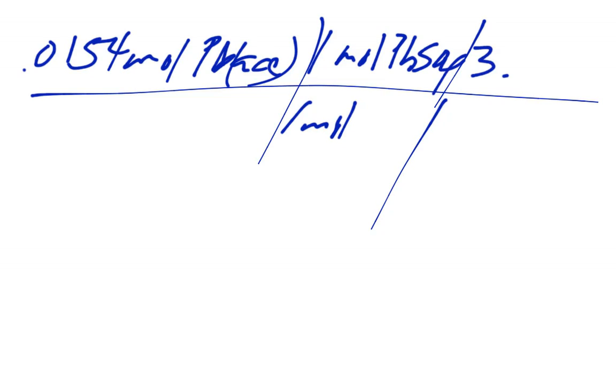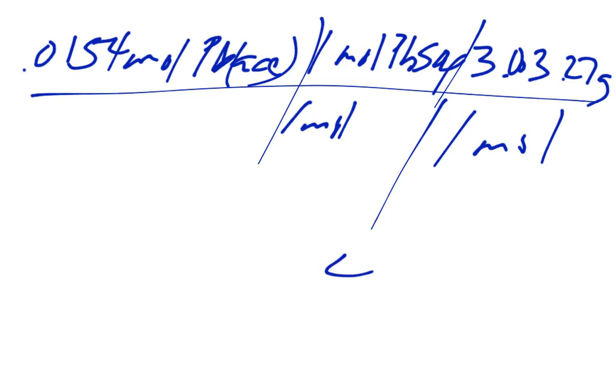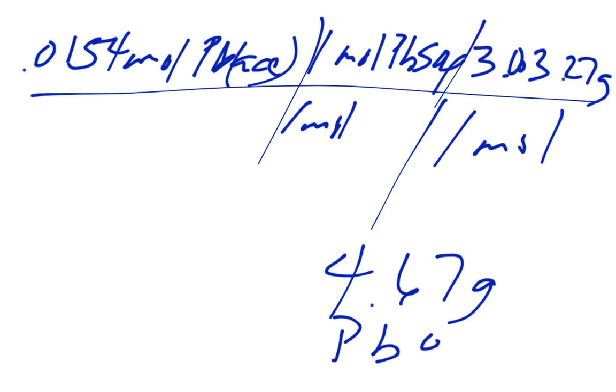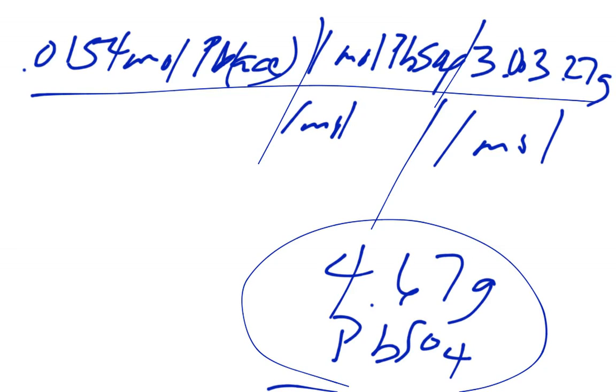That has a molecular weight of 303.27 grams in 1 mole. And so I will have produced 4.67 grams of my PbSO4. Okay, so there's number 3.